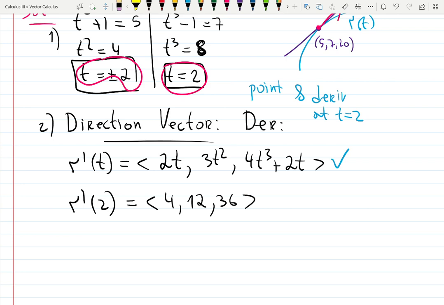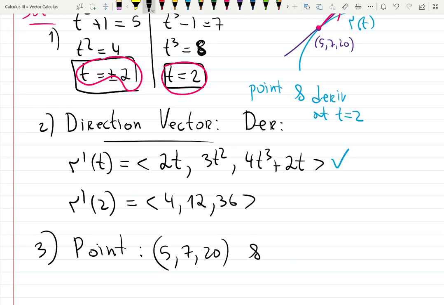So a point is given from the beginning. We need a point which was given, 5, 7, and 20, and a slope, which in this scenario, 3-dimensional vector calculus, is a derivative of your r at the point we found.